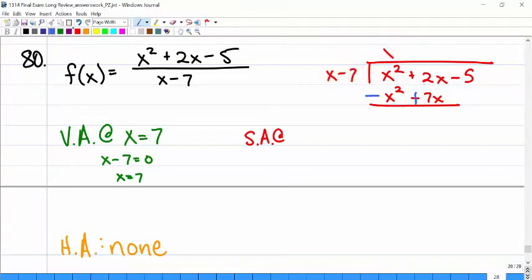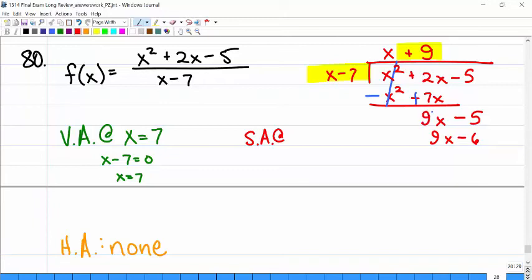X squared minus x squared, that's gone. 2x plus 7x gives you 9x. Bring down the minus 5. Now ask x times what gives you 9x? And the answer is 9. So now you do 9 times x minus 7, and you get 9x minus 63.